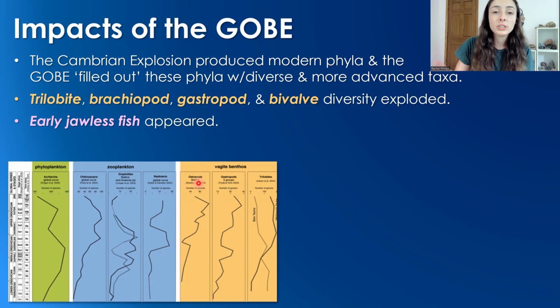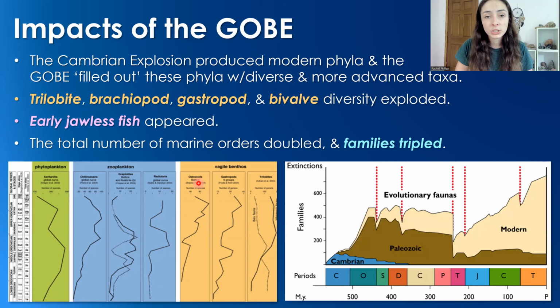However, like I mentioned earlier, there were also new groups that evolved during and after the GOBE, one such group being early jawless fish. Overall, because of the GOBE, the total number of marine orders doubled and that of marine families tripled. Remember, these are just taxonomic group names.